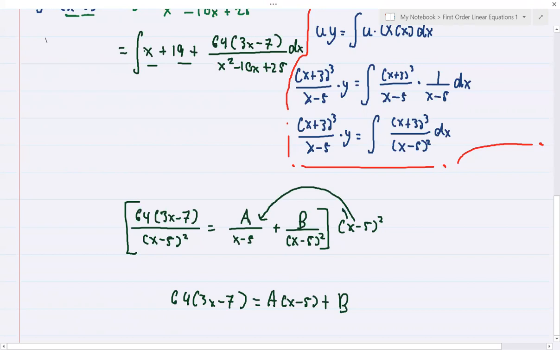B all over x minus 5 squared times the square of x minus 5, we will have B, because if you multiply the square of x minus 5 to B all over x minus 5 squared, this will be cancelled out. So we will have B as your final answer.